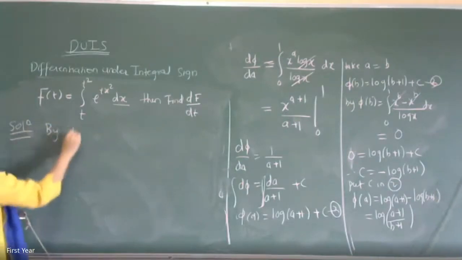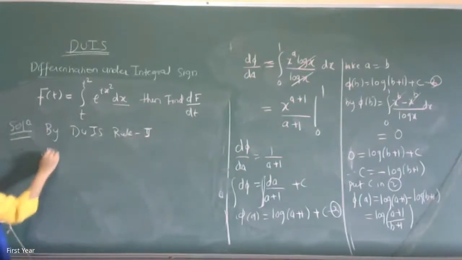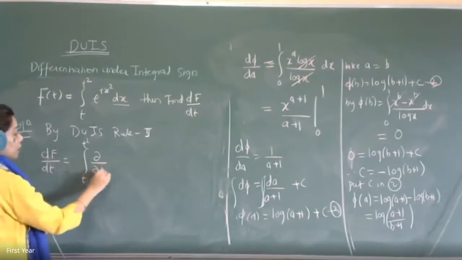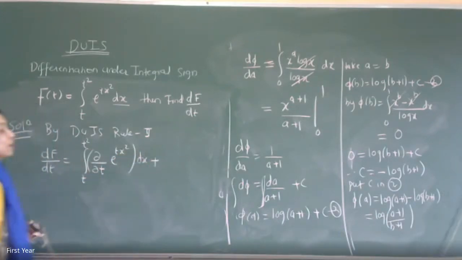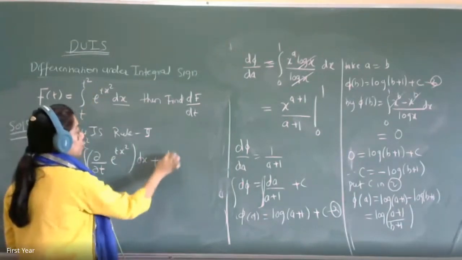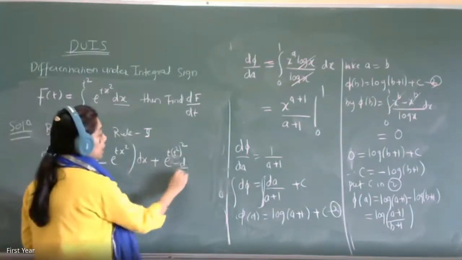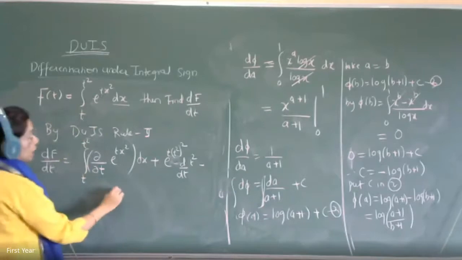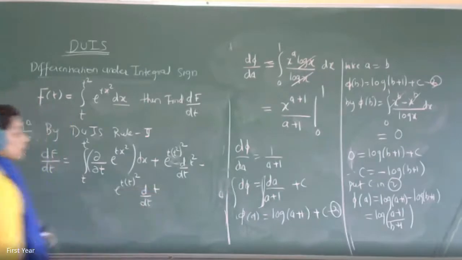Therefore, by Leibniz's rule 2, df by dt is nothing but the integration from t to t square of delta by delta t of e raised to tx square dx, plus in case of x equal to the upper limit, that is e raised to t into t square raised to 2, into the derivative of the upper limit, that is d by dt of t square, minus in case of x equal to the lower limit, that is e raised to t into t square, and the derivative of the lower limit. Is this okay?